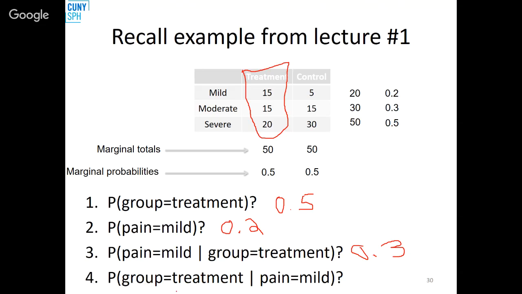And the probability of group equals treatment conditional on pain equals mild. What's that?